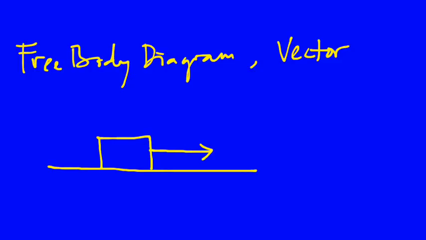So for example, when we learn about Newton's laws, especially the second one, we learn that if you have an object and you pull this object with a force, the total force acting on that object is proportional to the acceleration, and we can write that the force equals the mass times the acceleration.